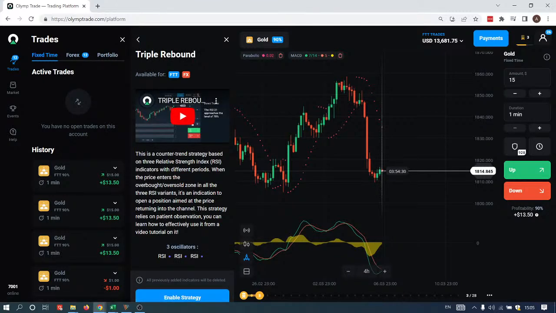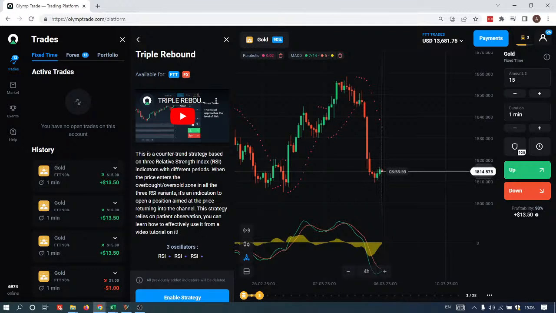So triple rebound is a counter trend strategy. It's based on 3 relative strength index indicators with different periods. The periods are 7, 14, and 21, basically the fast, the medium, and the slow one. And when the price enters the overbought or oversold zone in all 3 RSI variants, it's an indication to open a position aimed at the price returning into the channel.